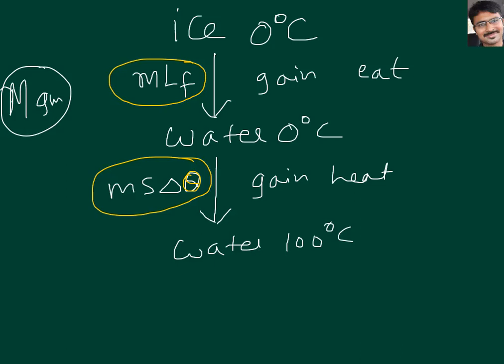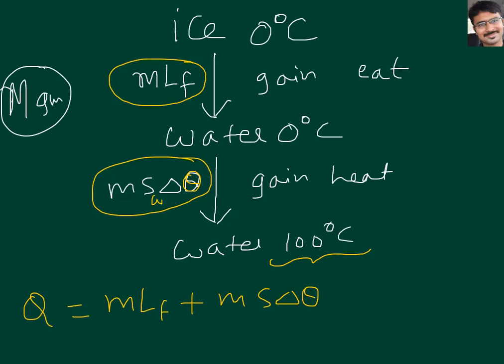Fine. Now what is the heat energy here? It reached 100 degrees centigrade. Finally it reached 100 to get equilibrium. For this, how much is required? So Q is equal to mLf as well as ms delta theta. Here s means the specific heat of water.